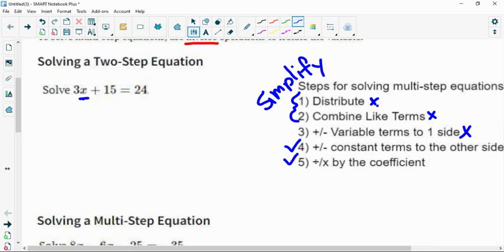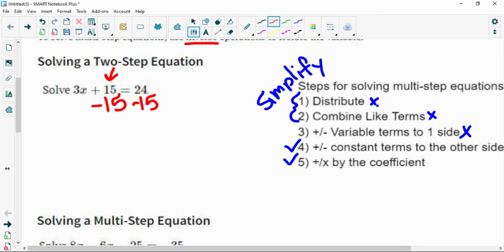So same order I said. First, they multiplied by 3. Then they added 15. We are going to go backwards. So first, in order to undo what happened to x, we're going to look at the plus 15. The opposite is to subtract 15.